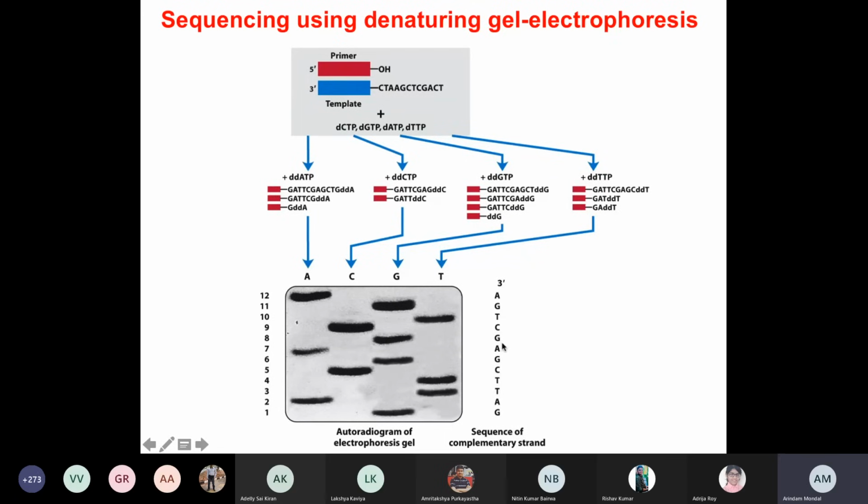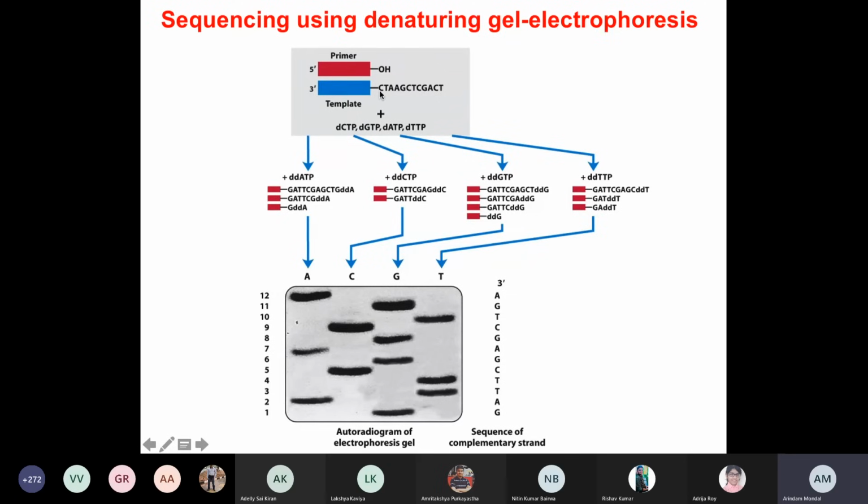And this is the sequence of the complementary DNA strand which got synthesized. If you take the reverse complement, you have C, T, A, G, C, T, C, G, A, C, T. And that is the sequence of the template.